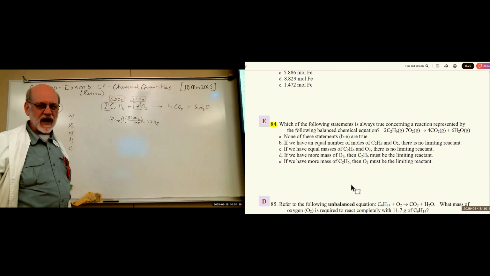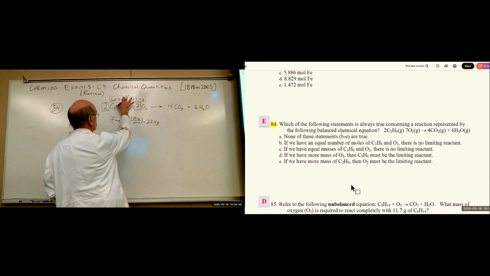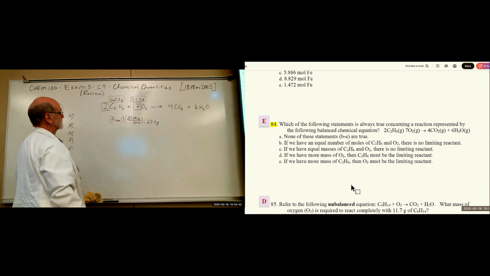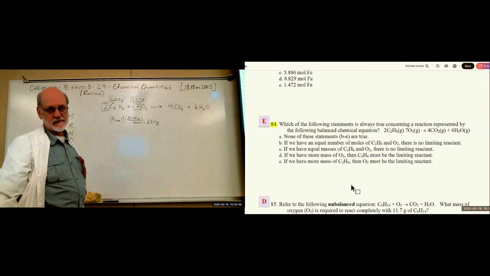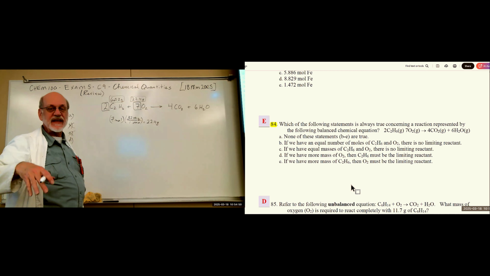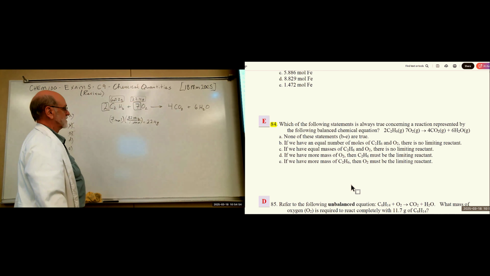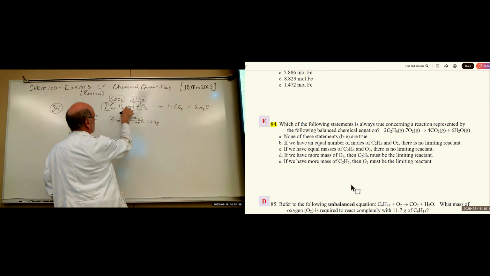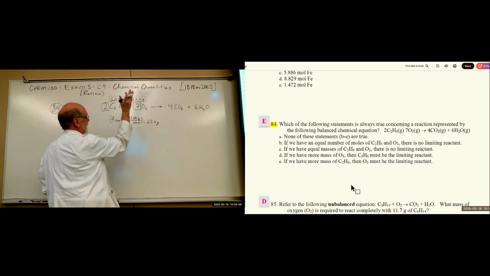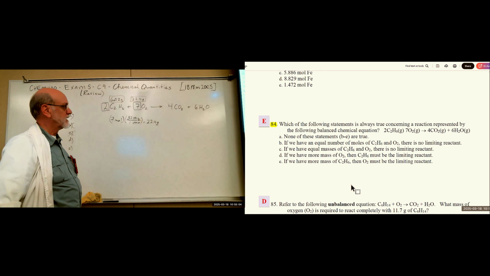If we have more mass of oxygen than C2H6, then C2H6 must be limiting. You can't say that, because if you had more mass of oxygen, you could have 70 grams and oxygen would still be limiting. Right?